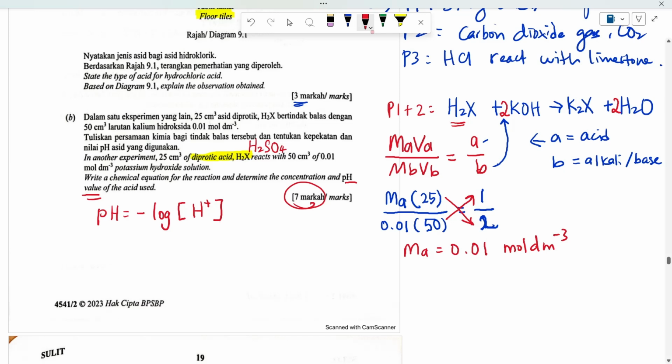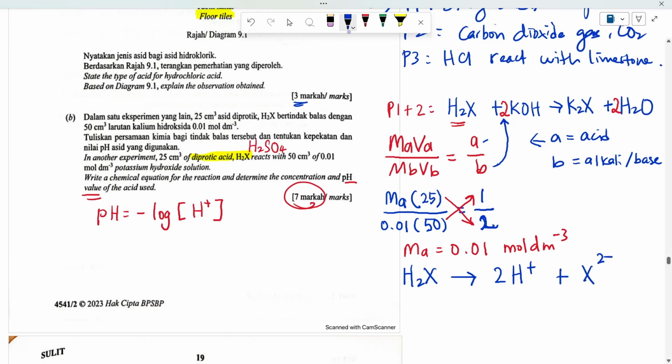Because sulfuric acid is a diprotic acid, right? So in other words, if we write out the equation for the ionization, H2X, when it ionizes, will produce 2 moles of hydrogen ions and 1 mole of X, correct?